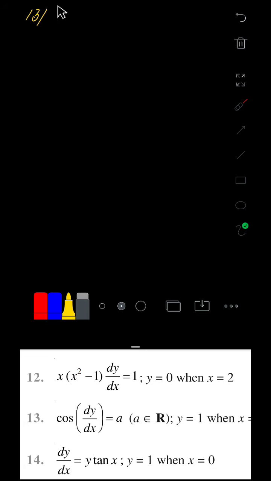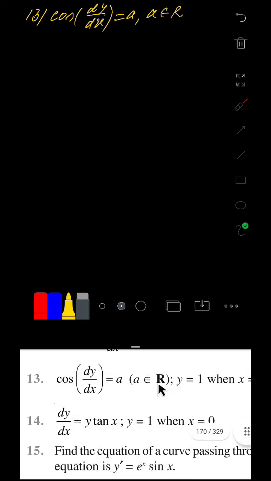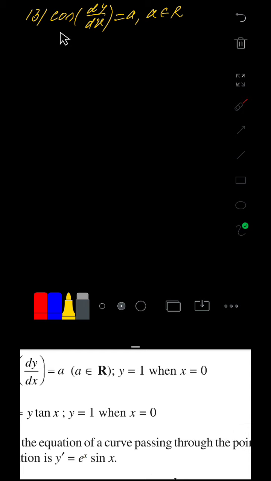Now 13th sum is cos dy upon dx is equal to a, where a belongs to the set of real numbers, and the given initial value condition is y is equal to 1 when x is equal to 0. So the given differential equation is cos dy upon dx is equal to a.